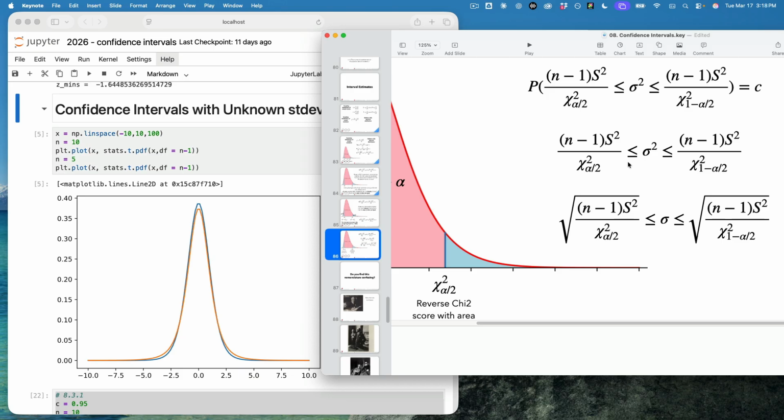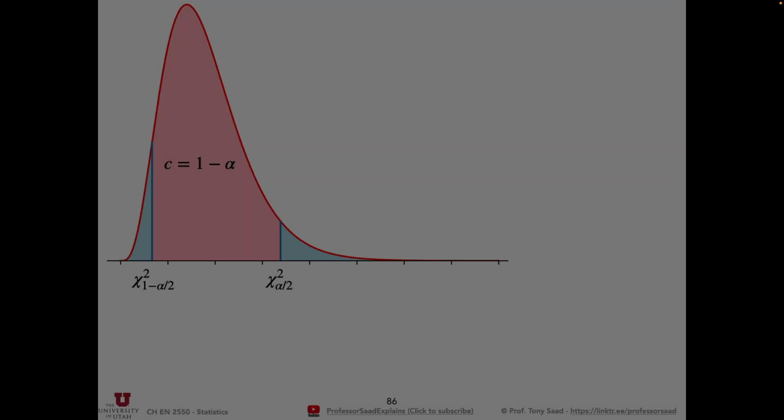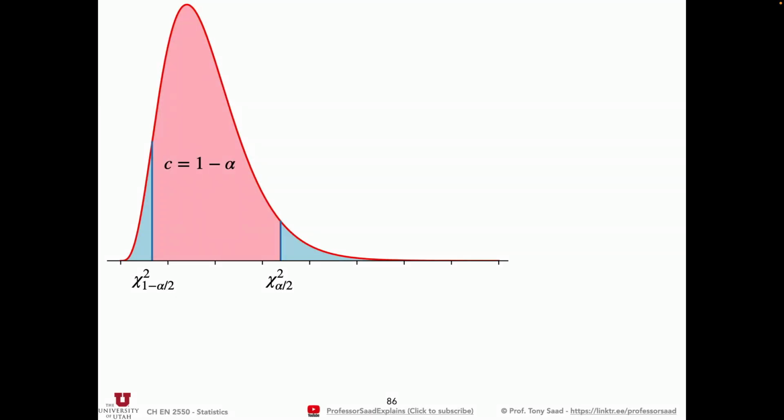Yes? I'm not sure how to explain this. Can you go over again why chi low and chi high? Yeah, sure, absolutely. Okay, so just basic math. This is smaller than this one, agreed? So let's say this is 5 and this is 10, just for the argument.